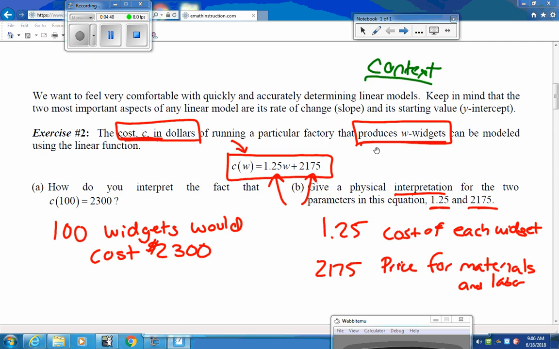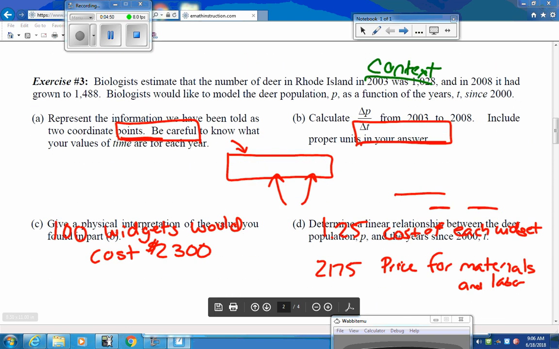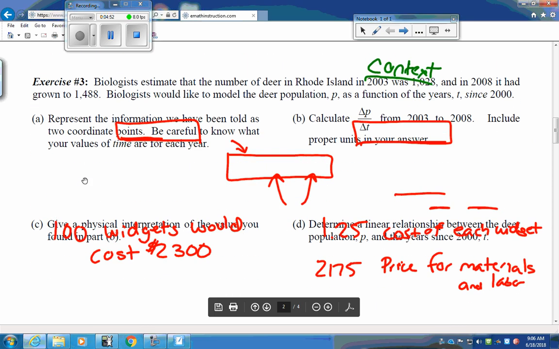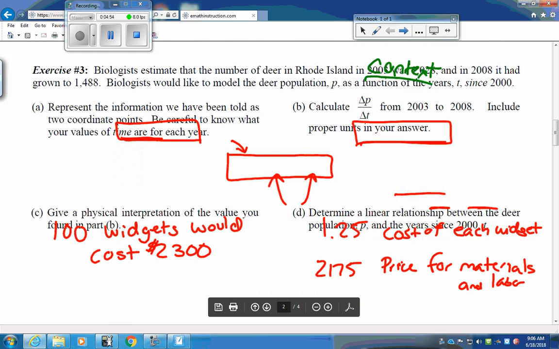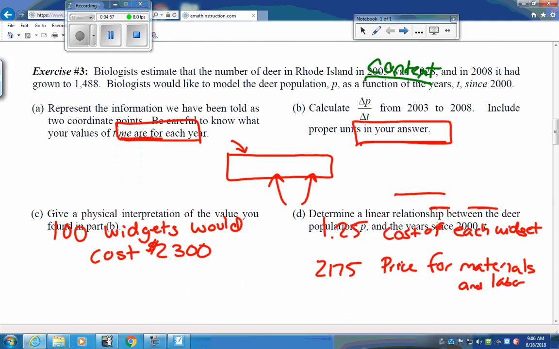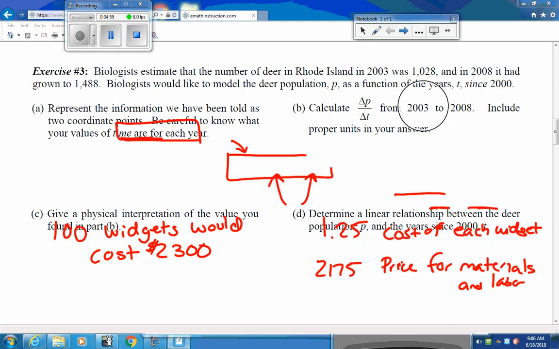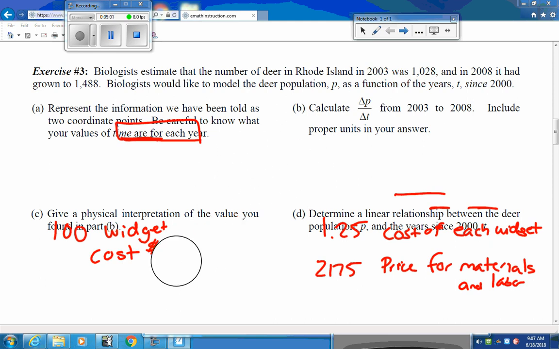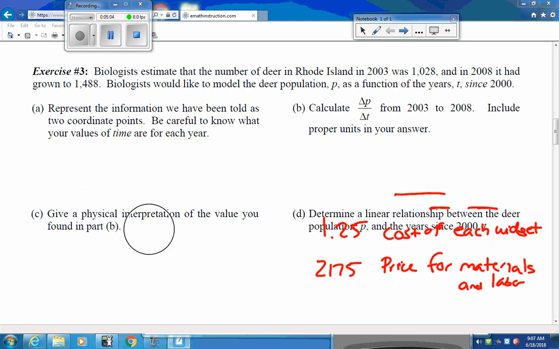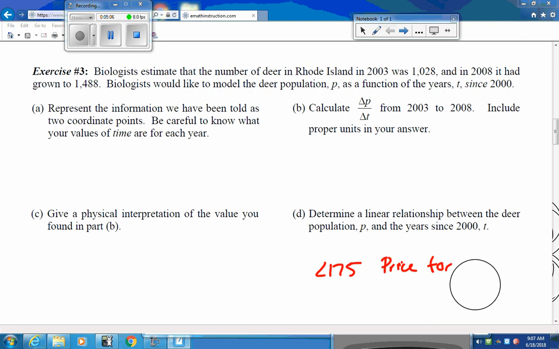Now we're going to move on to the top of the back page, which is exercise number 3. Again, we're going to use the context of the question along with some of the skills from the first two assignments to help us come up with an equation. It says biologists estimate that the number of deer in Rhode Island in 2003 was 1,028, and in 2008 it was 1,488.